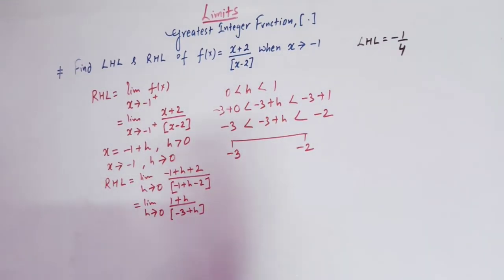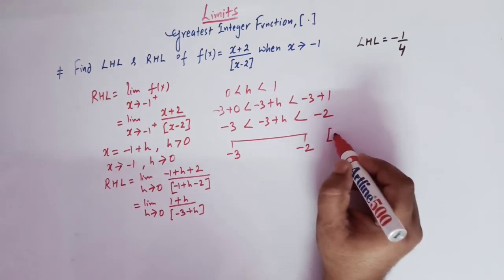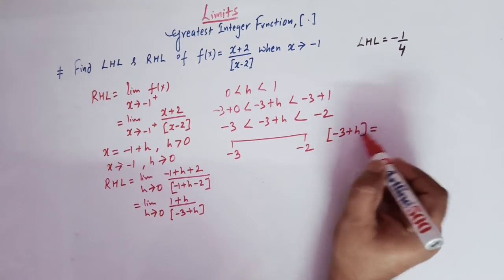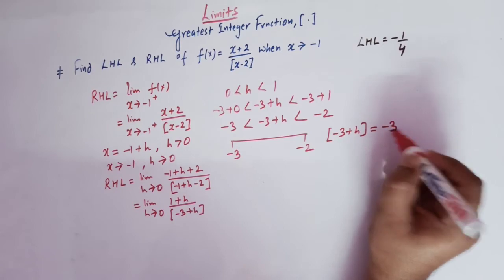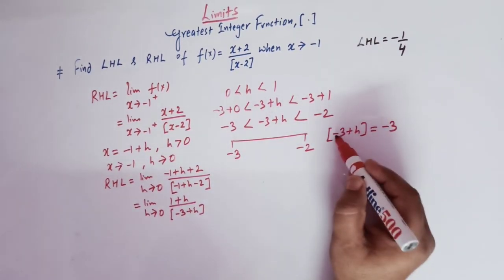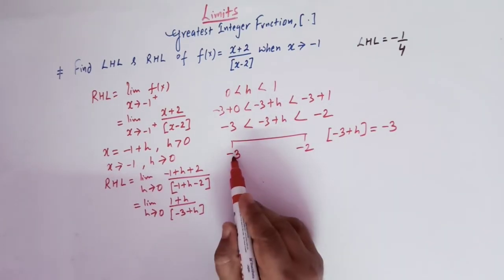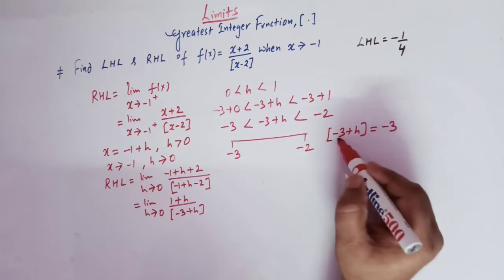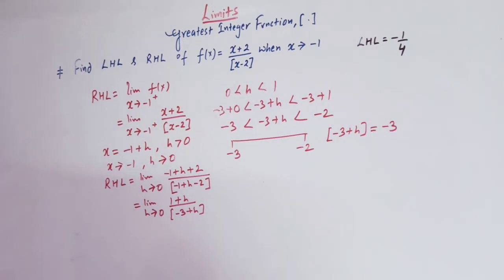And from the definition of greatest integer function, the value of greatest integer of minus 3 plus h is always equal to minus 3, right? Because if this value, that is minus 3 plus h, lies between minus 3 and minus 2, then the value of greatest integer of minus 3 plus h is equal to minus 3, right?